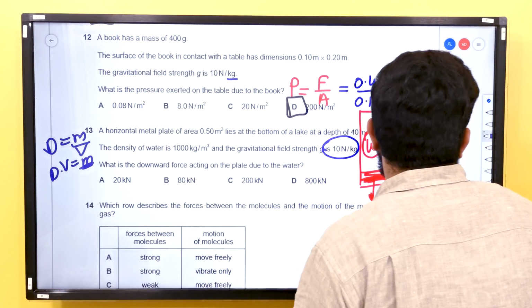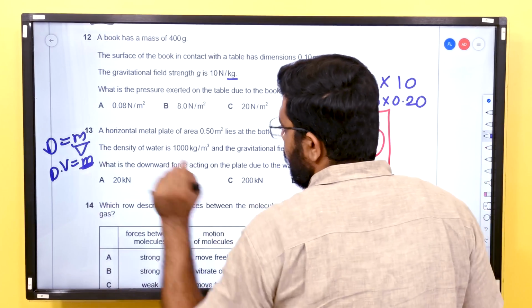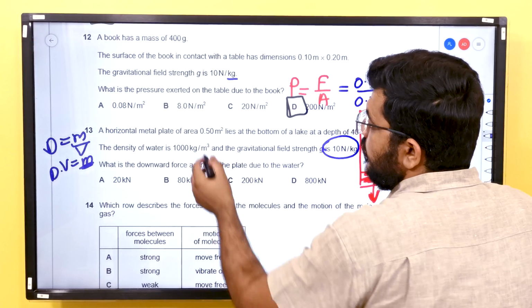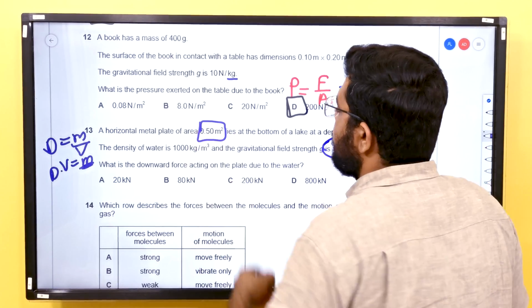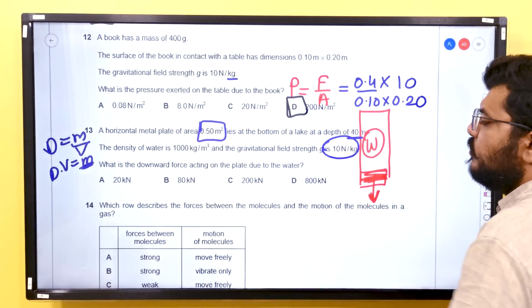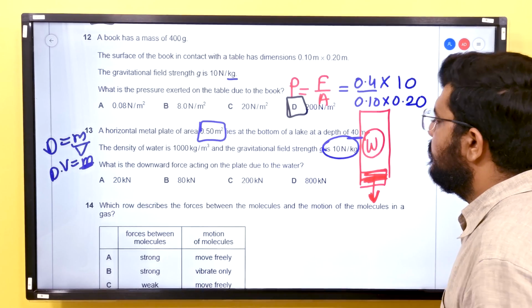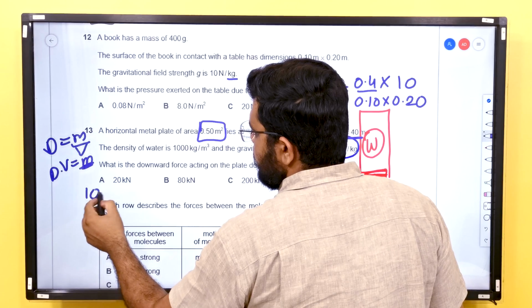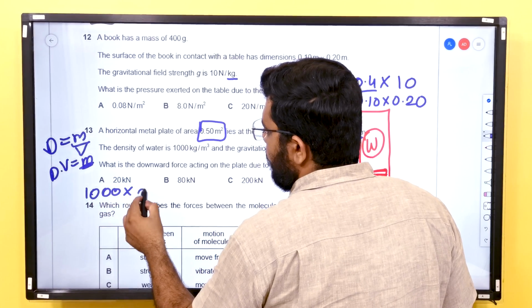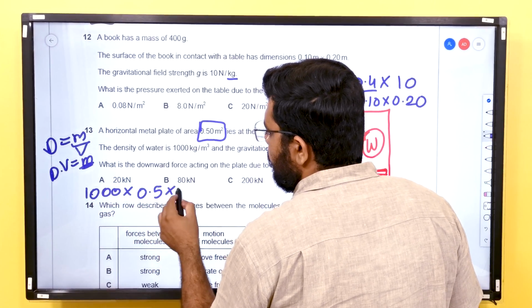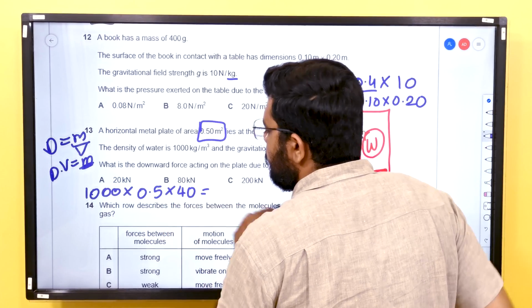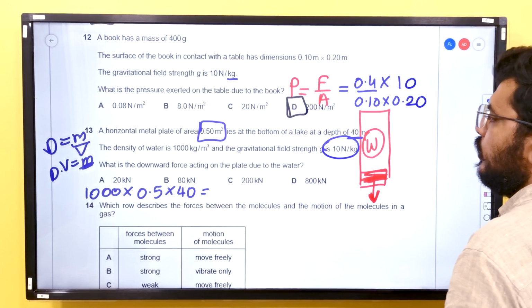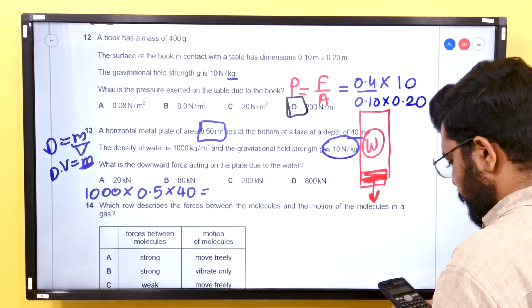So weight is the force. Now to find volume, we have base area and we have height as 40 meters. So volume will be base area into height. So mass is density multiplied by base area multiplied by height. This will be the mass of the water column on top of this metal plate.